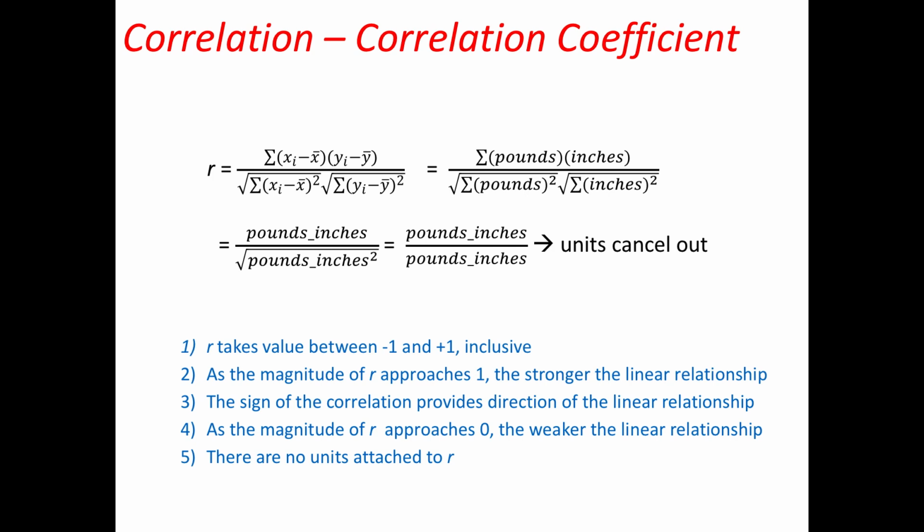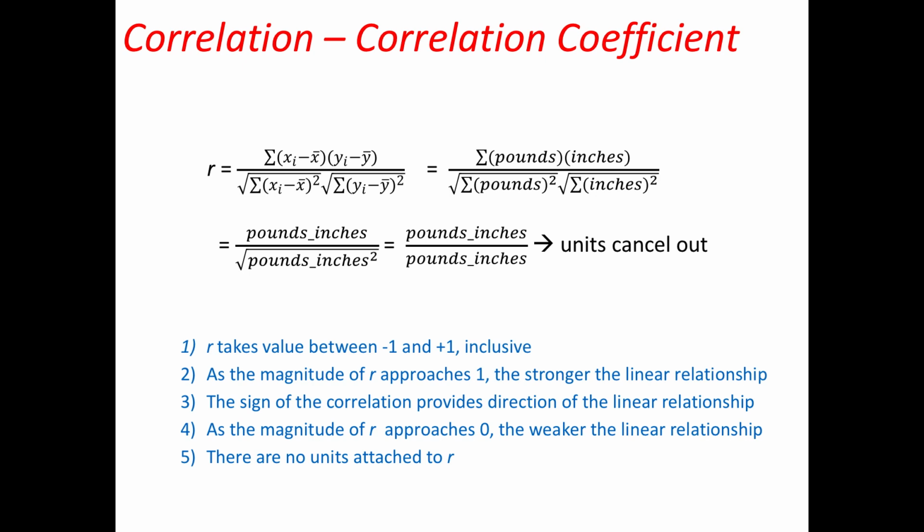If x is in pounds and y is in inches, these would be your unit distributions, and when you calculate it out, you would end up taking the square root of the square here, which would give you the same pounds underscore inches, which eventually will cancel each other out. So the units would cancel out.